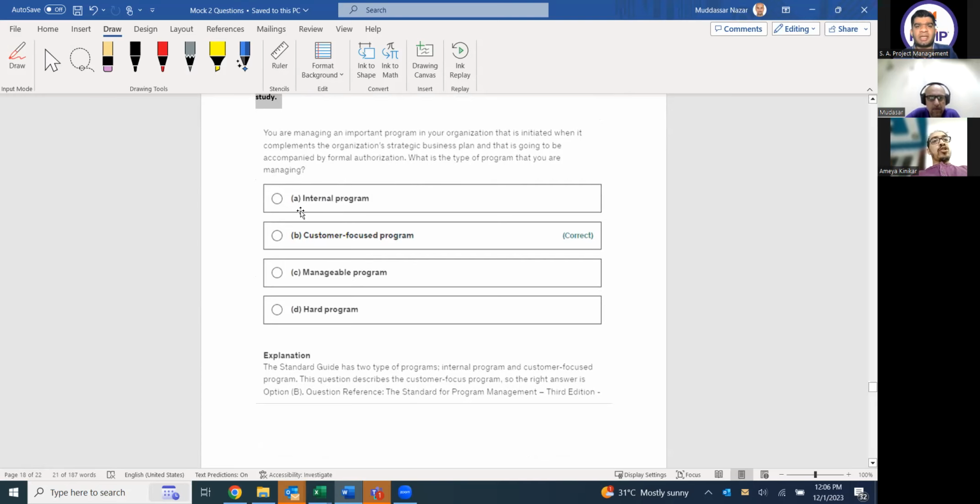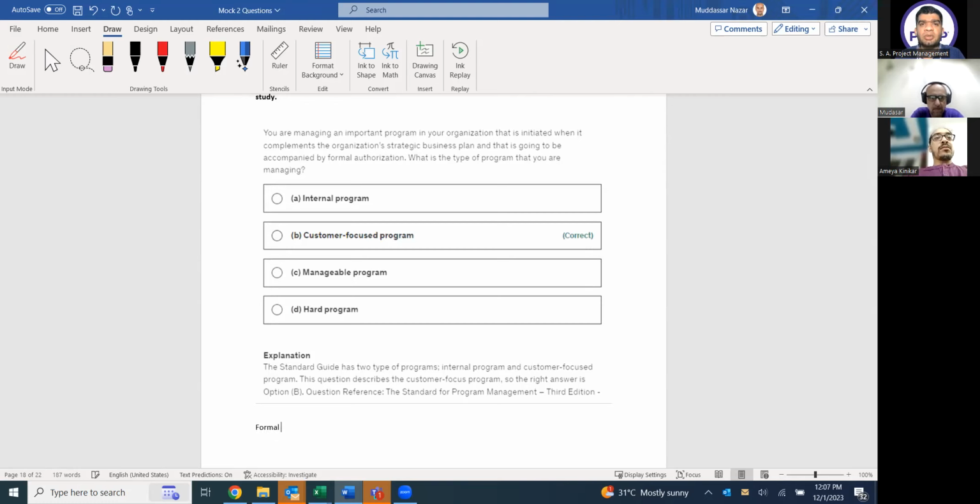So formal authorization means somebody is required to initiate it. So it's a confusing program. C will not be there. D is made up terms. Okay. So it can only be A or B, but internal program I will not select because of formal authorization.